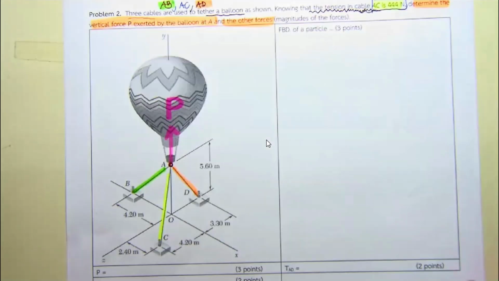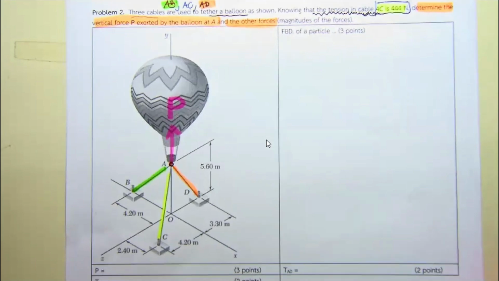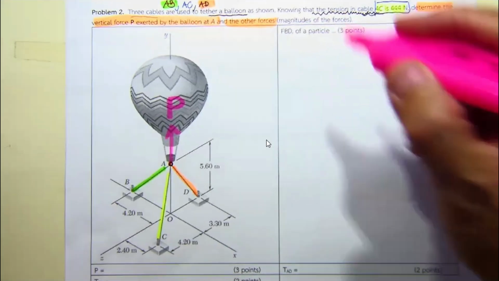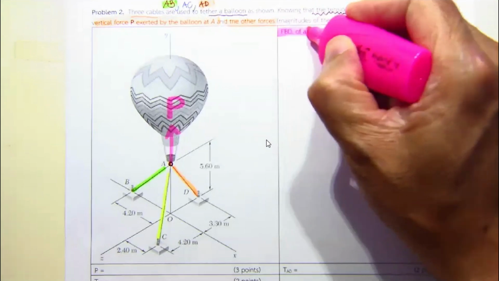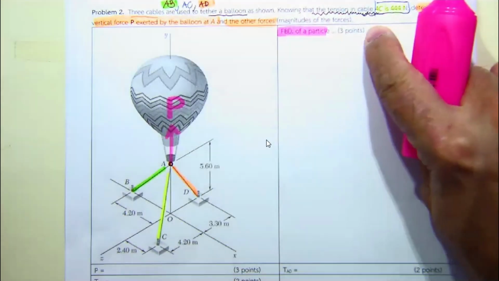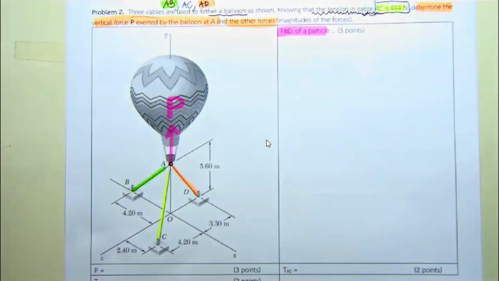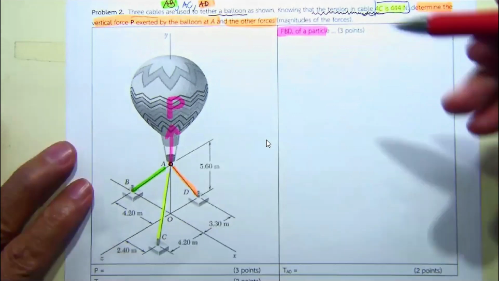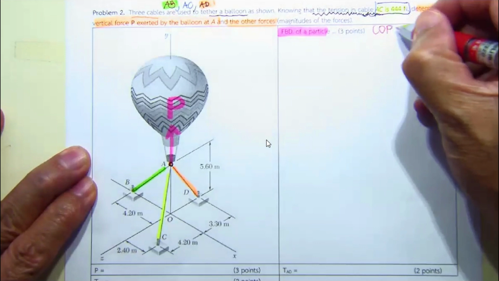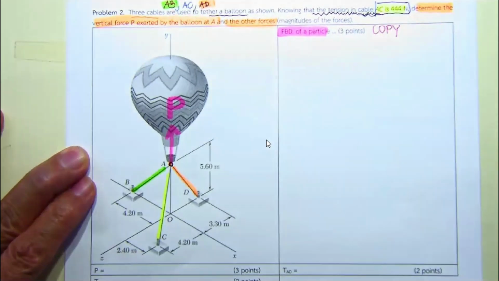Then you have to draw the free body diagram, and Ajahn asks you to do that with 3 points. The concept of drawing the free body diagram again is the concept of copy. Copy everything.